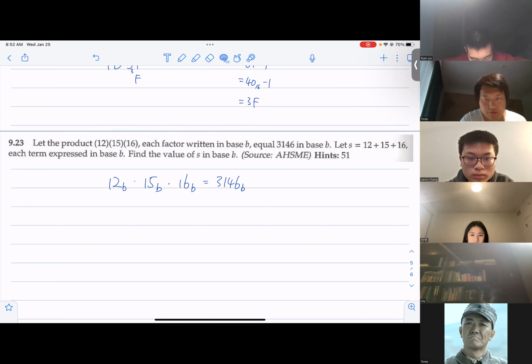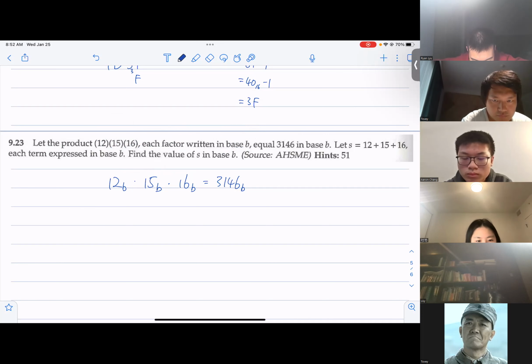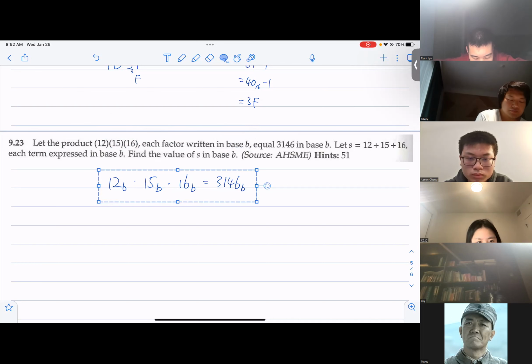They're not decimal numbers. But how do we convert this to an algebraic equation?